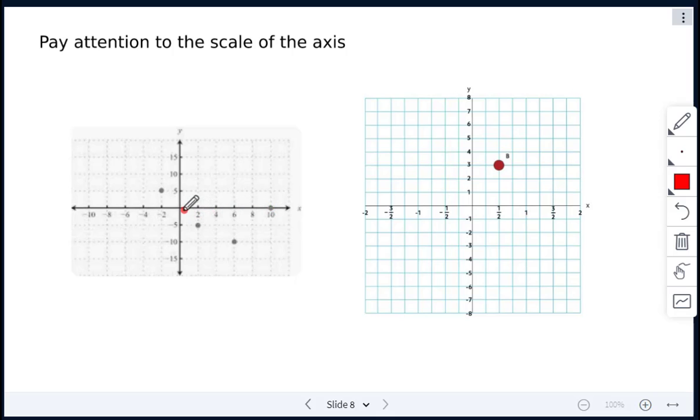If we look at our y-axis, it's going up by 5s. So if we were to label this point here, it's at (-2, 5). This point here is at (2, -5). And this third point here is at (6, -10).